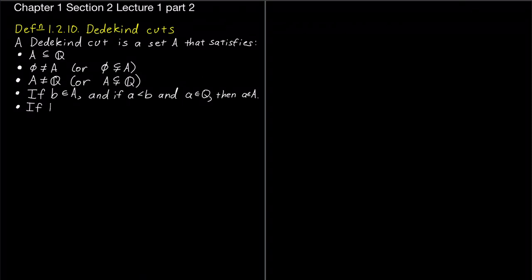Again, we're starting with: if B is an element of A, then there is a C in Q with C bigger than B, and also C is in A. Now, we don't require all of the rational numbers bigger than B to be in A. If A had all the smaller ones and all the bigger ones, it would have all the rational numbers, which we don't want.